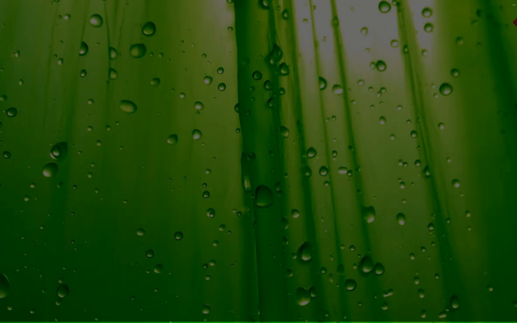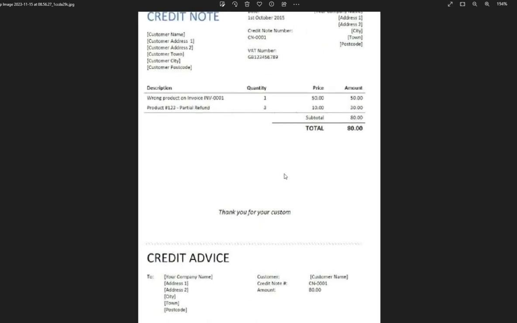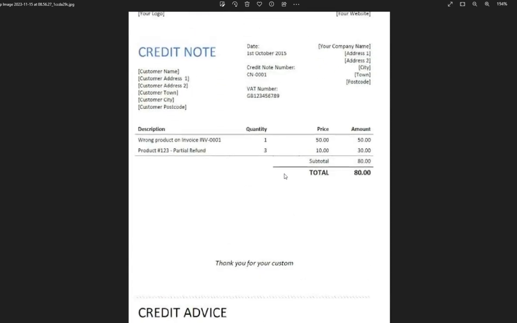Also, you can see the format of a credit note here. Credit note also shows you the company logo, company website details. Okay, there will be a heading like credit note and a date, credit note number, company name, address, customer name, address.